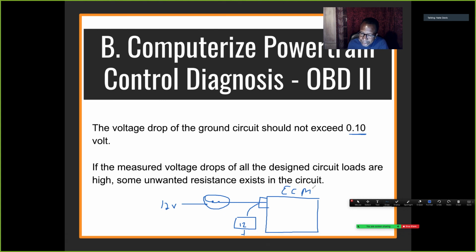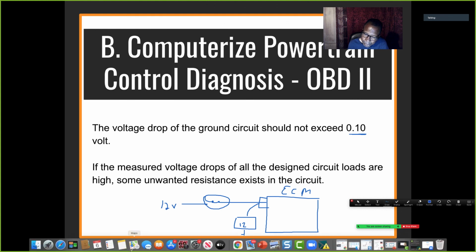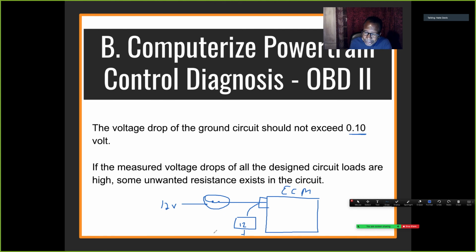With it energized, your load does not come on. What's the problem? Yes, reading 12 right here. But the question is, it says the circuit's being energized. My load does not work. This load device, whatever it may be, you don't have a ground.